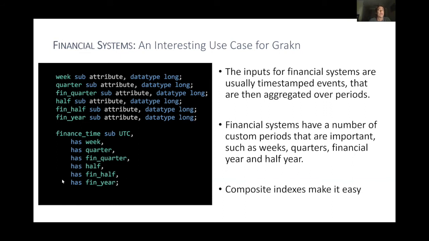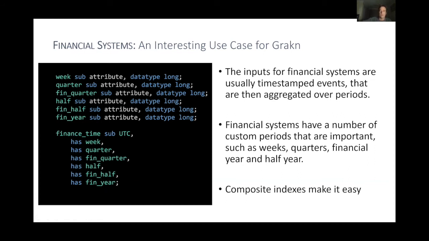So again, we add a whole load more composite indexes. I had the original ones from the previous diagram, with year, month, day, hour, minute, second, millisecond, and now I've added week, quarter, fin half, and fin year.